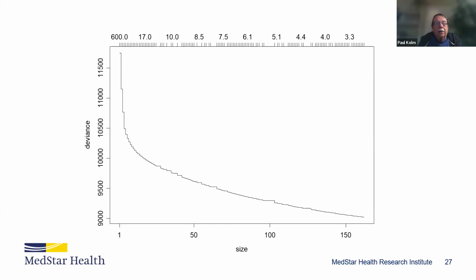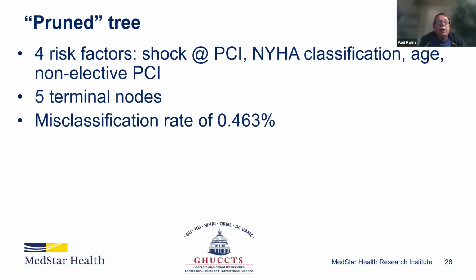Looking at our cost complexity graph, we come up again with 4 risk factors: shock, the New York classification, and non-elective PCI. We come up with 5 terminal nodes, and you can see that the misclassification rate is really small, hardly larger than our initial one.